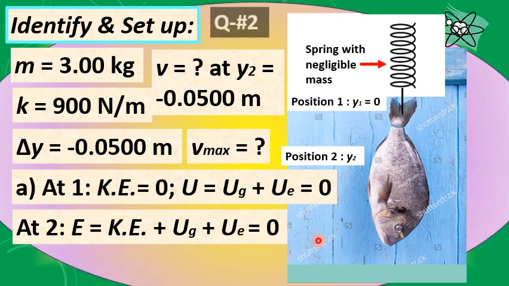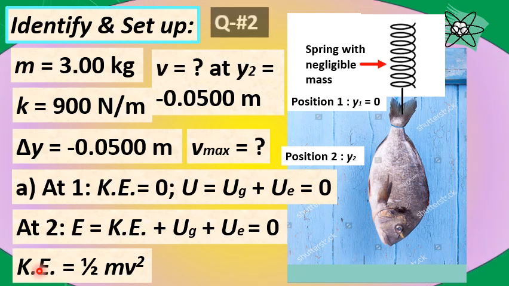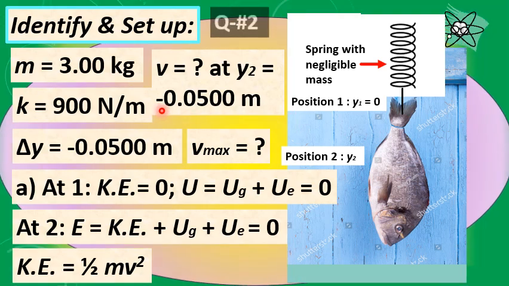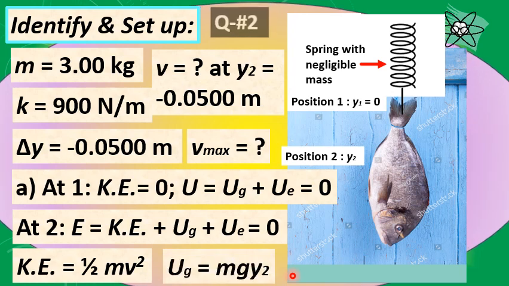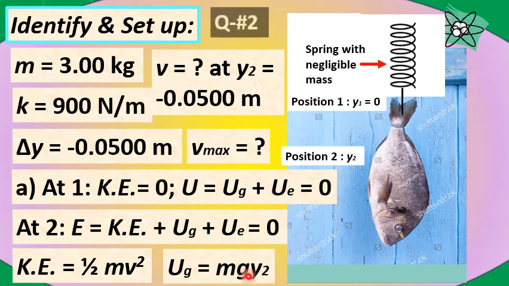So at position 2, the kinetic energy of the fish is expressed as 1/2 of its mass times the square of its speed, at position y equals negative 0.0500 meter, while its gravitational potential energy, of course, is the product of its mass, the acceleration due to gravity, and the position y sub 2.